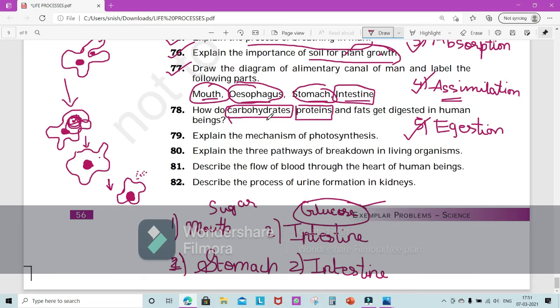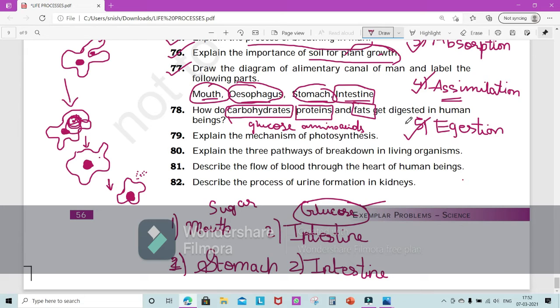So the final form of carbohydrates is glucose, and that of proteins is amino acids, right? And fats, the breakdown of fat is mostly in the small intestine itself. First, it's going to be emulsified by the bile juice.